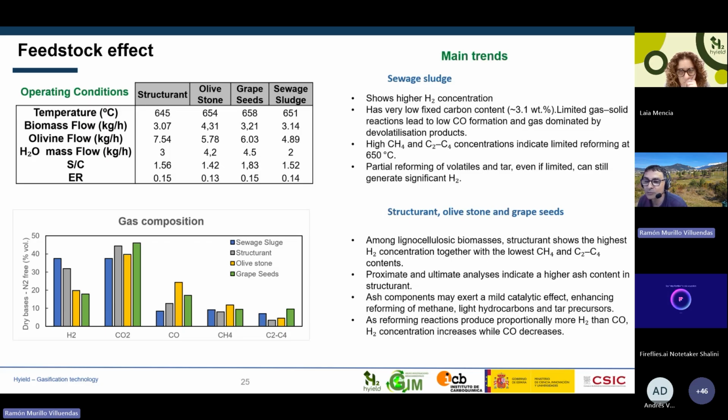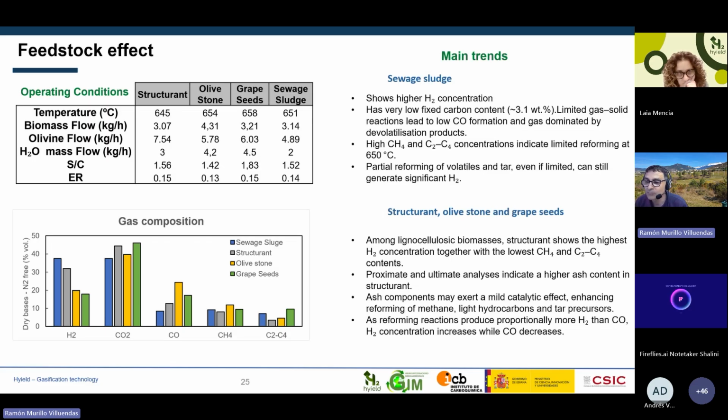Even a partial reforming of hydrocarbons can generate significant amounts of hydrogen, since reforming reactions produce a large amount of hydrogen per mole reacted. This explains why sewage sludge presents a high hydrogen molar fraction despite limited char gasification, together with high hydrocarbon concentrations and low carbon monoxide levels.